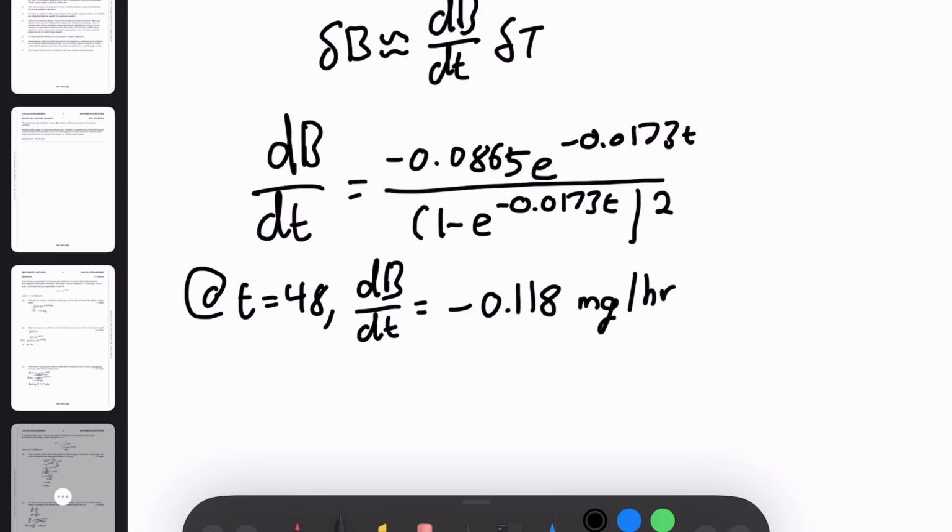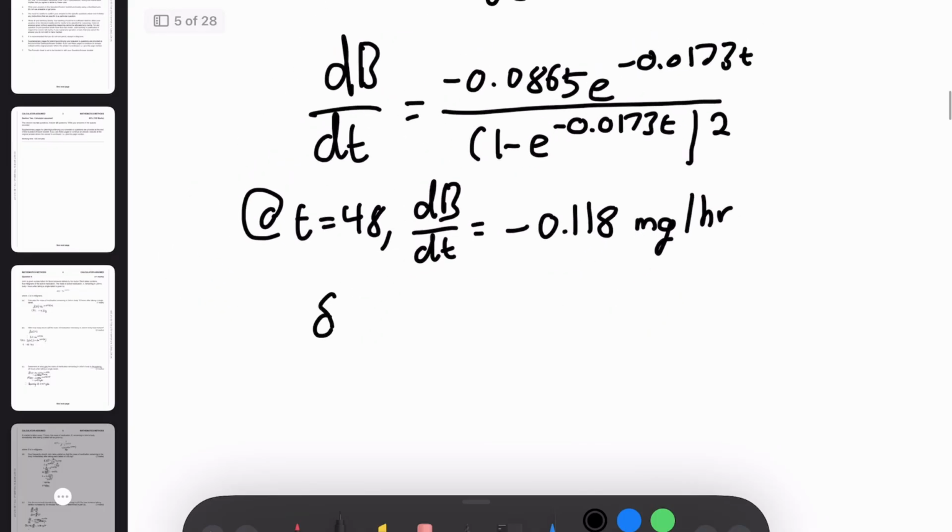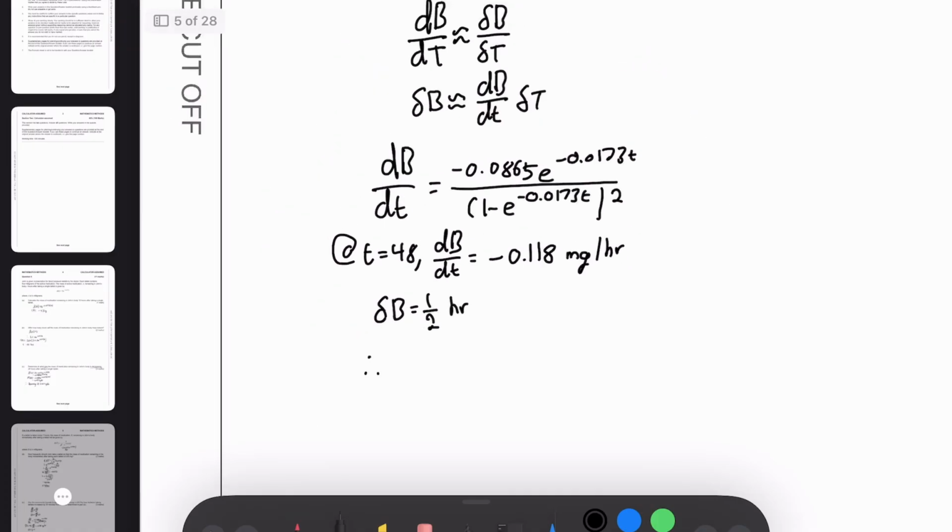Now if we did 48.11, would our answer be much different? Also 0.118. Okay, then we have that delta t is equal to a half hour, since it's 30 minutes.